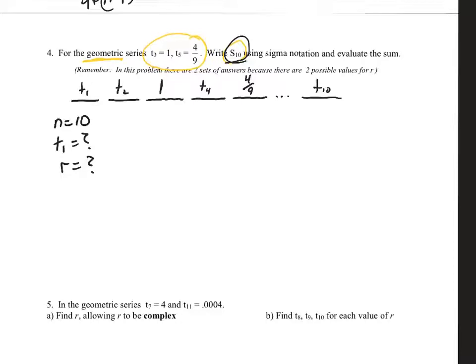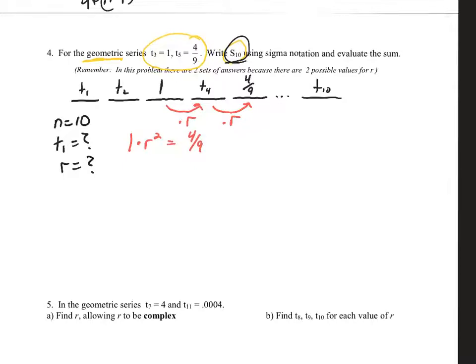Since this is a geometric series, to get from 1 to 4/9, I need to times by r and then by r again. So 1 times r squared is equal to 4/9.